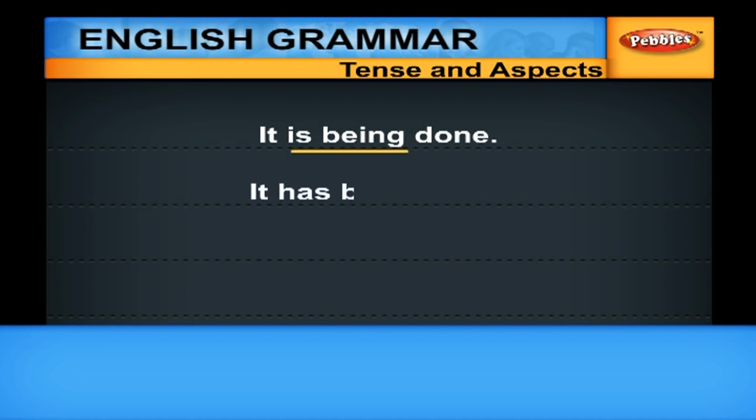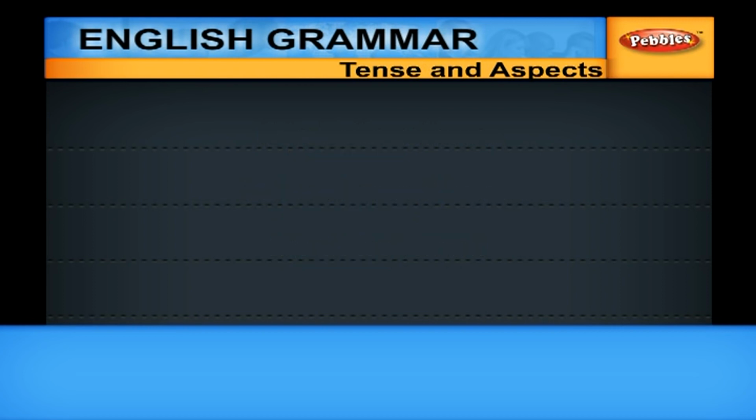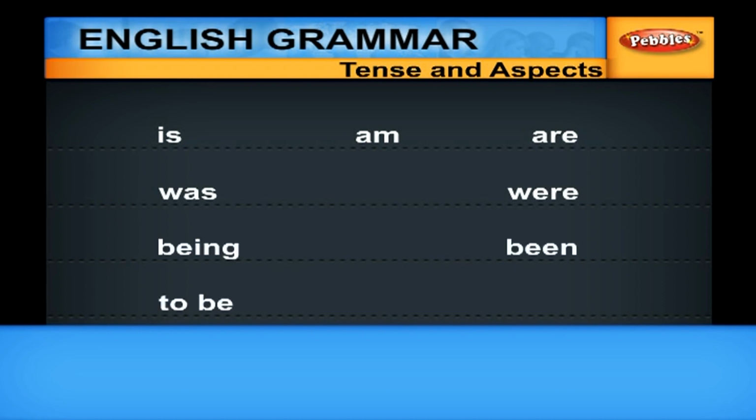It has been done. It will be done. To sum up, is, am, are, was, were, being, been, to be, or be form of the auxiliaries.